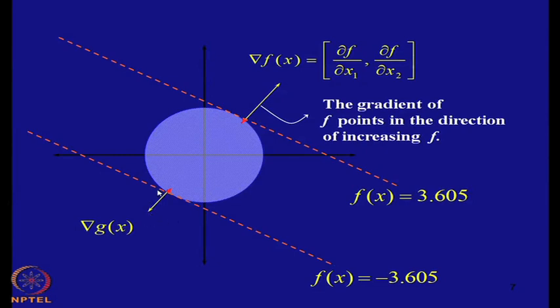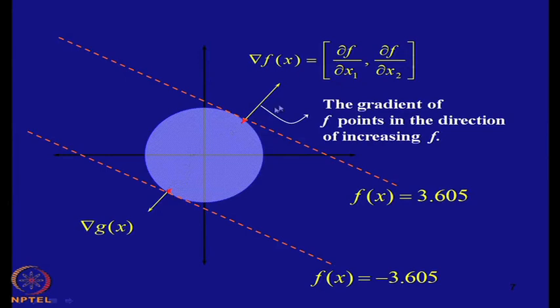At this point, where the function has its optimal value, the gradient of the constraint would be in this direction. But what about the gradient of the objective function? At this point it would be just reverse to the gradient of the constraint.